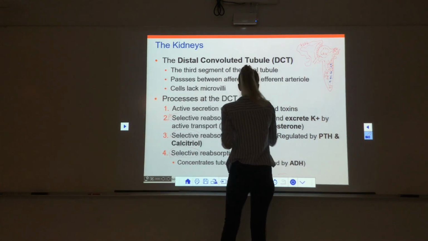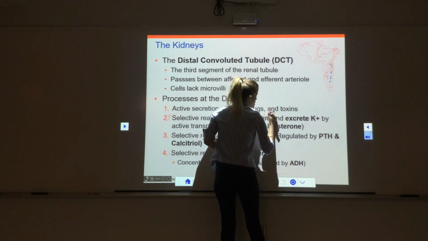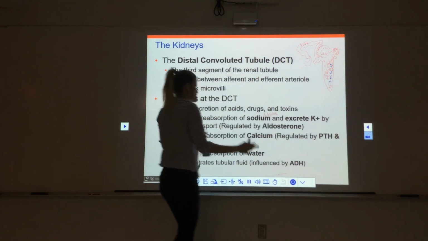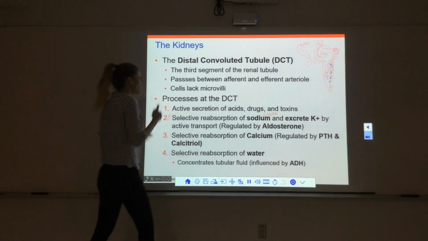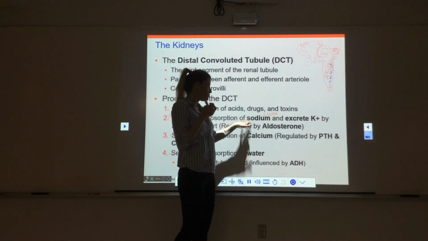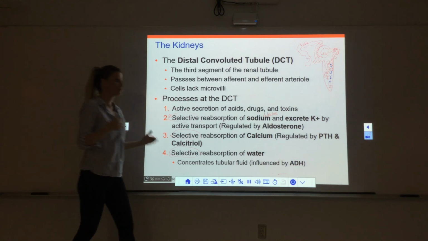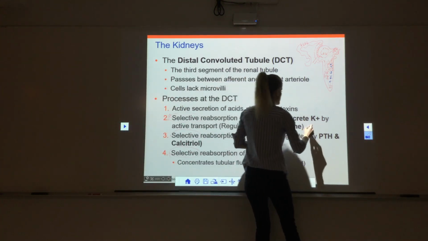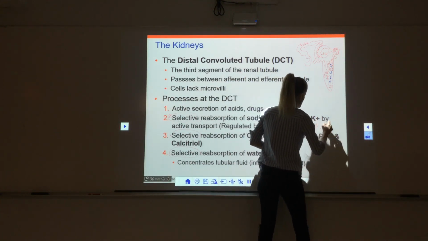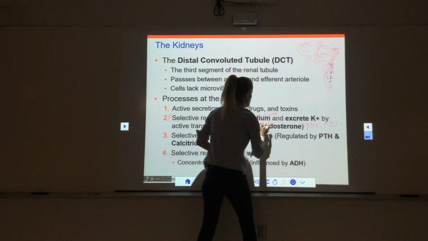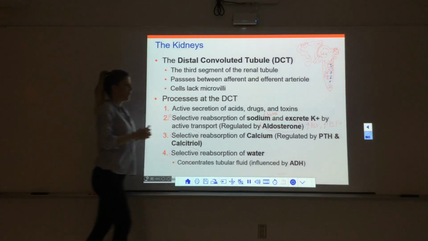So we have selective reabsorption of sodium and water. And again, we trade the sodium and potassium. And what would that end up doing? If we reabsorb a bunch of sodium and water, what would that do to, say, our blood volume or blood pressure? Increase it, right? Increase blood volume, increase blood pressure. And this happens in the presence of aldosterone.